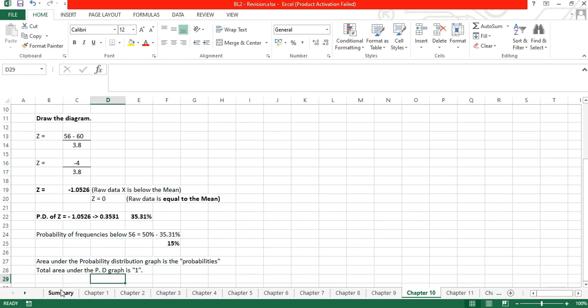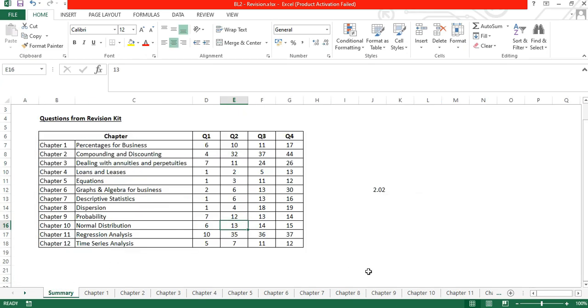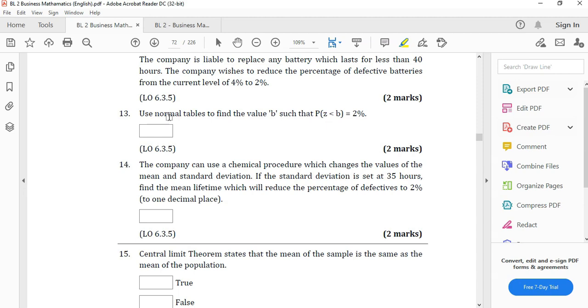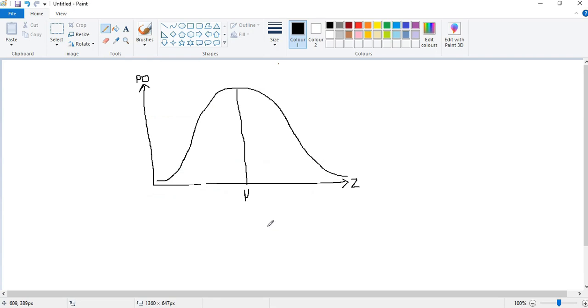Alright. Next, let's go to question number 13. Question 13 states: use normal tables to find the value of B such that the probability of Z less than B is 2%. Now the first step to attempt this question is to draw the diagram.